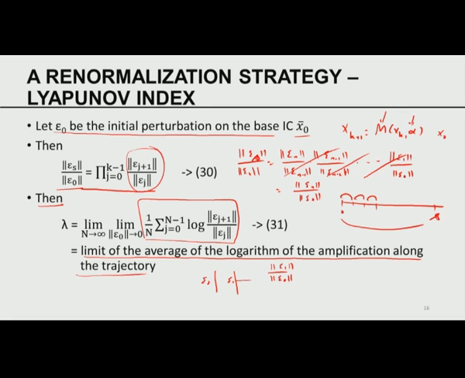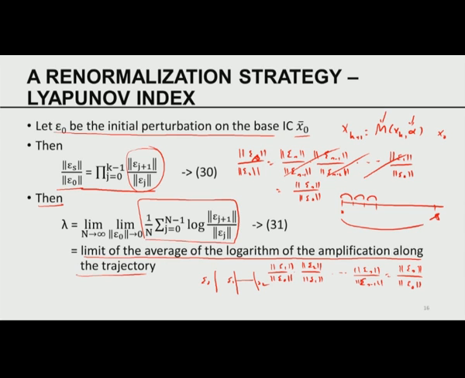Then run the model from epsilon 1 to epsilon 2. Then multiply this by the norm of epsilon 2 over epsilon 1. Continue. If I continue, I get epsilon s divided by epsilon s minus 1, and the product is equal to the norm of epsilon s divided by the norm of epsilon 0.